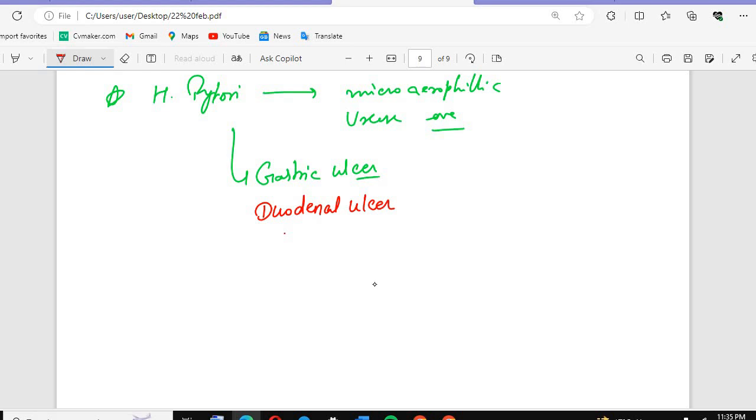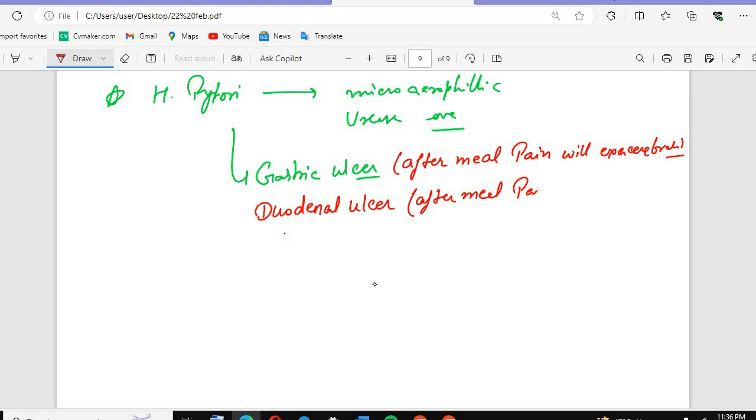In the gastric ulcer, after taking a meal, the pain will exacerbate. Why is it happening? In case of the gastric ulcer, the mucosa is affected.